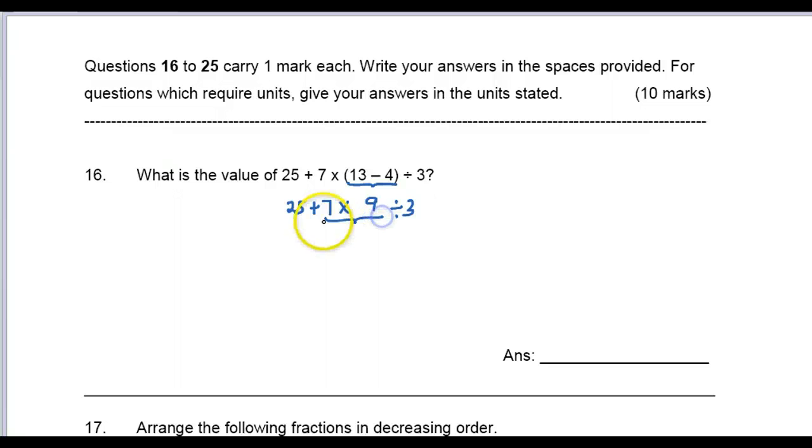My next step, I would have to do my multiply first. So it's 25 plus 7 times 9 is 63. Then I divide by 3. The following step, I would do 63 divided by 3 will get 21. So 25 plus 21, and my final answer will be 46.